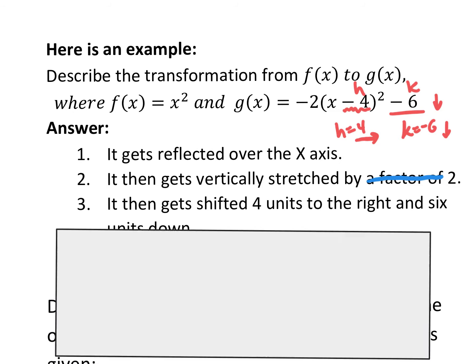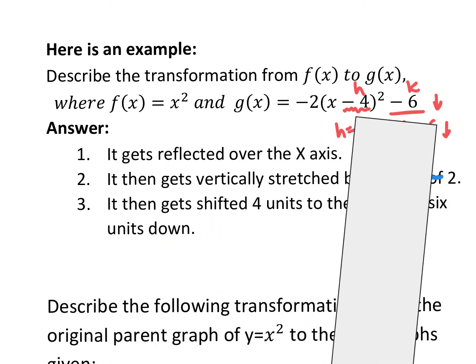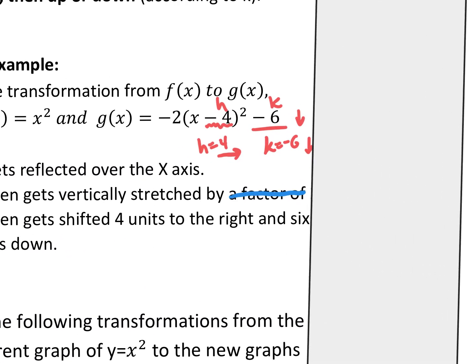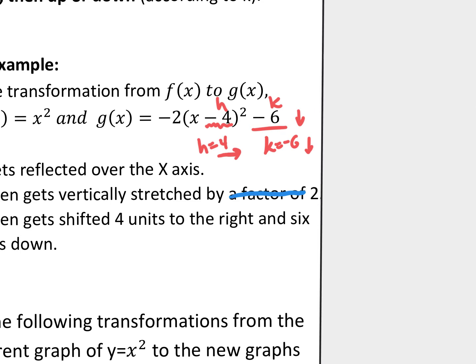Maybe I could actually draw or show you what changes actually happened. So when we take a look at a regular U-shaped curve, the parent graph y equals x squared, that has a vertex 0, 0, 1, 1, 2, 4, 3, 9, reflected to the other side. It's a regular parabola that opens up with a vertex 0, 0.